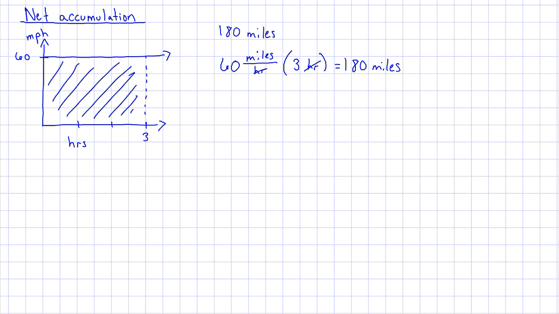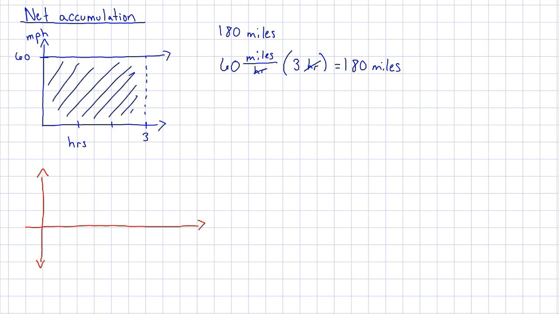So the thing that's important to note about net accumulation is that we can have more complex functions, of course, as always. But let's consider a scenario like this. Let's consider, I apologize, I want to draw this a little further up. Let's consider a function that has both a positive and negative component.